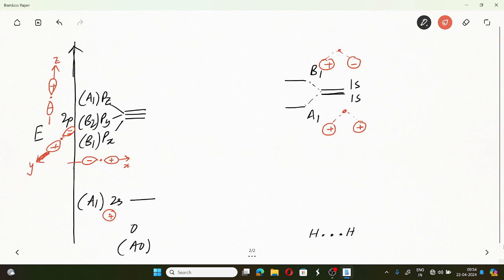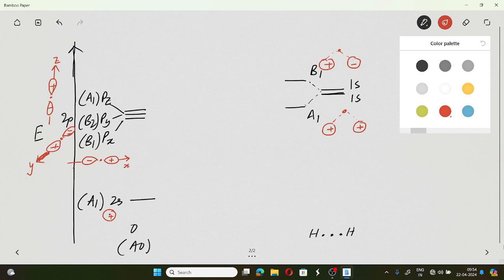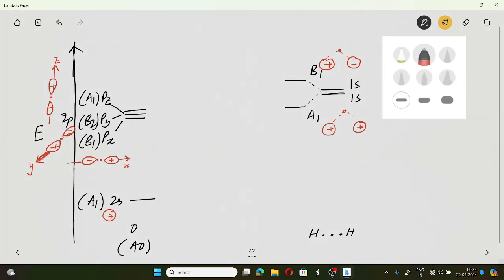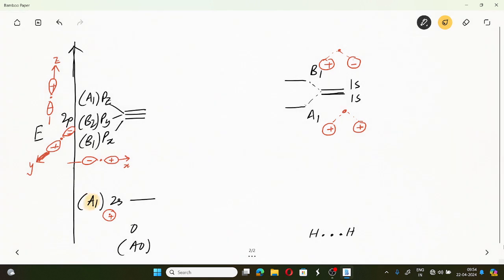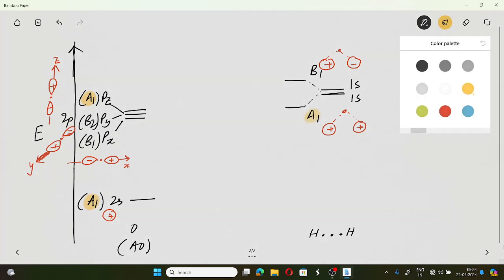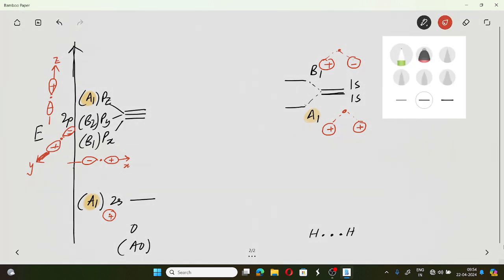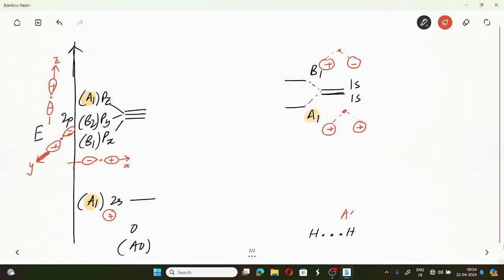Now if you look closely, you'll find that the atomic orbitals, this A1, that means this 2s, and A1 from 2pz, and these two will combine with the A1 group orbital of the two hydrogen atoms.